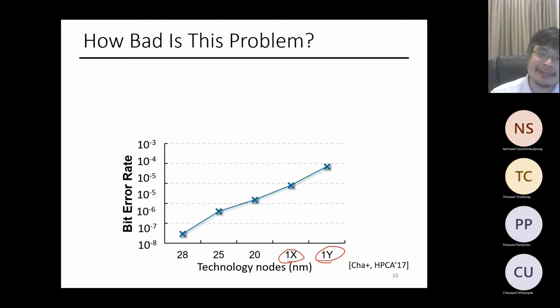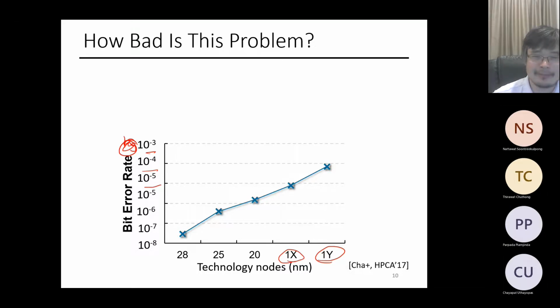But the trend is actually bad. Think about it, this is a log scale. So it's 10 to the 3, 10 to the 4, 10 to the 5. Every time you go one step here, it's actually 10 times worse.